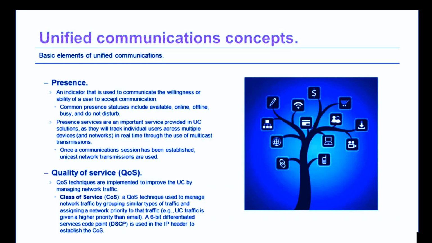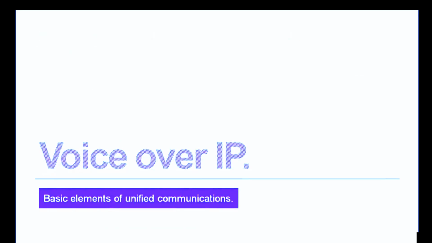As in, unified communication traffic is given a higher priority than email. A 6-bit differentiated service code point, DSCP, is used in the IP header to establish the COS, or class of service. Now let's move on to voice over IP.